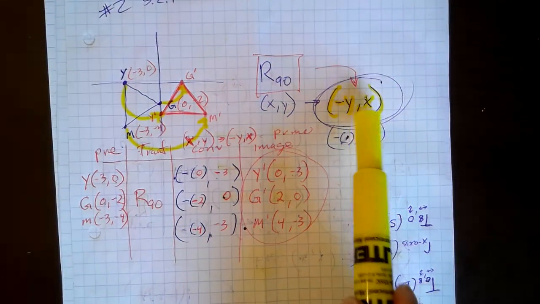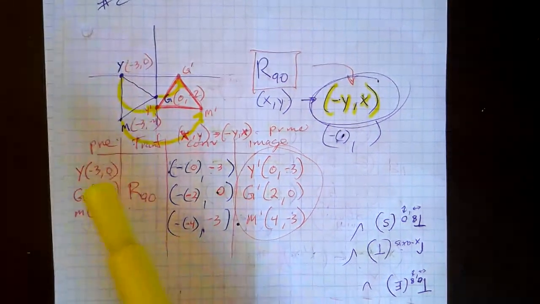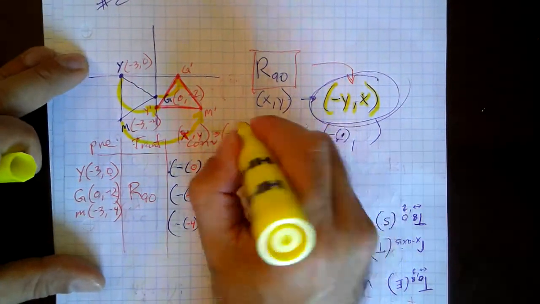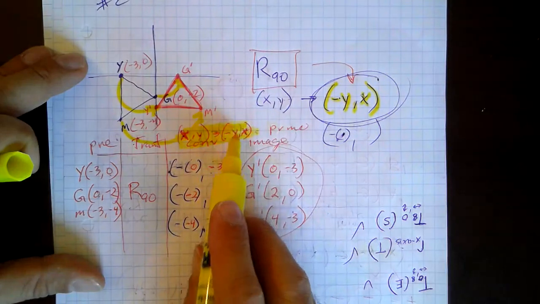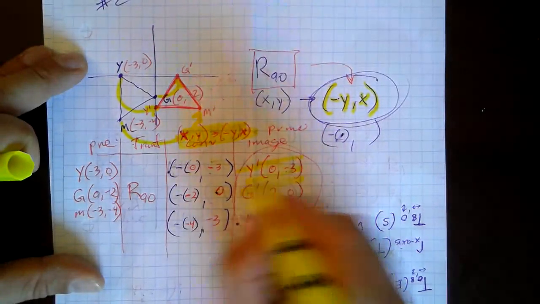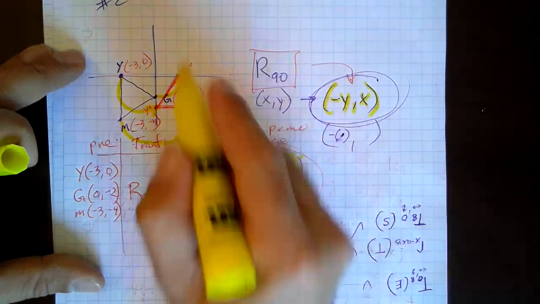You set up a table with your pre-image, the initial shape, and the transformation, which informs the conversion. You convert them, inputting the x and y as needed, and that gives you your new prime image. The prime image is what we just graphed right here. Okay, and then we're done.